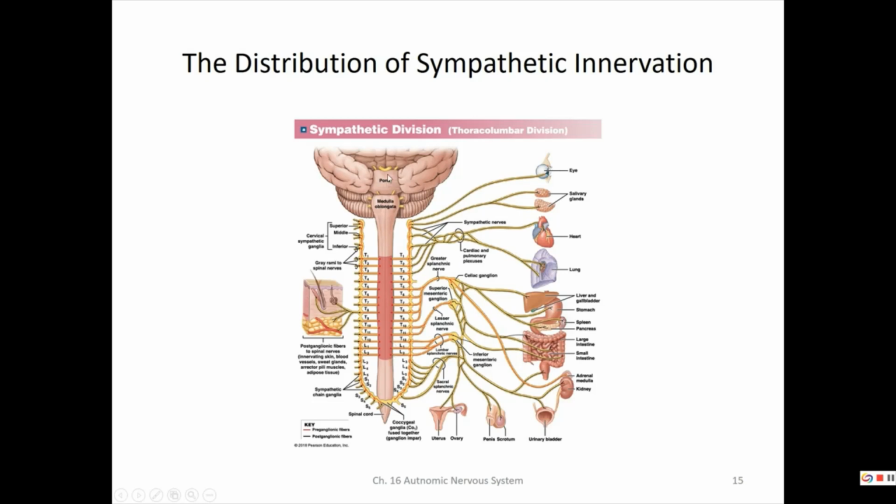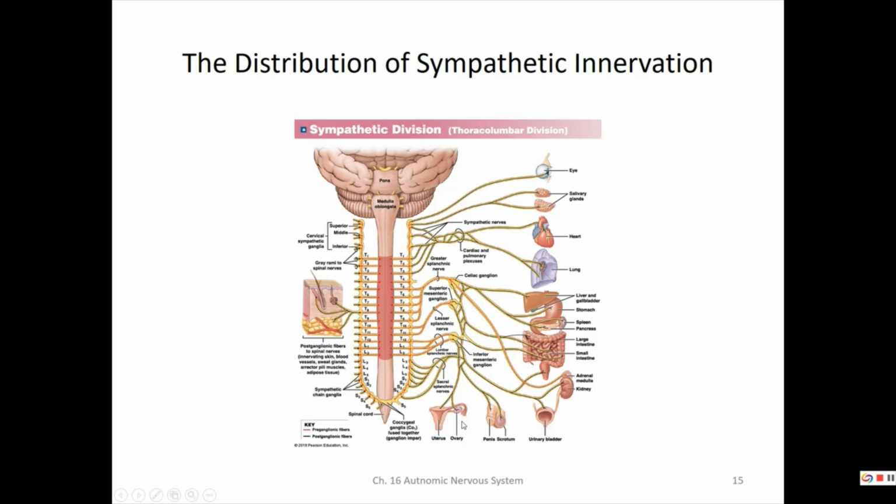And here you can see a good diagram of that. So here we have sympathetic, T1 to L2. The preganglionic neurons come out. Now remember, from up in the hypothalamus, there are neurons coming down to each one of these red ones. The red ones go out to an autonomic ganglia nearby the spinal cord, and then the black lines are very long: short pre, long post to the effector cells.